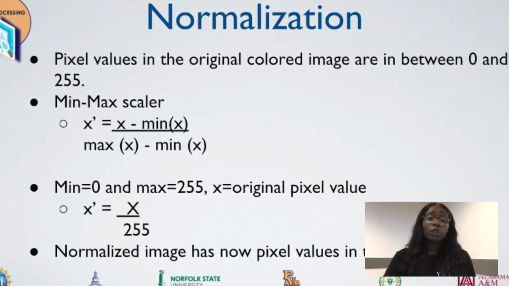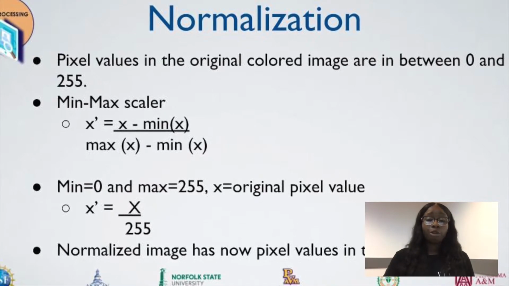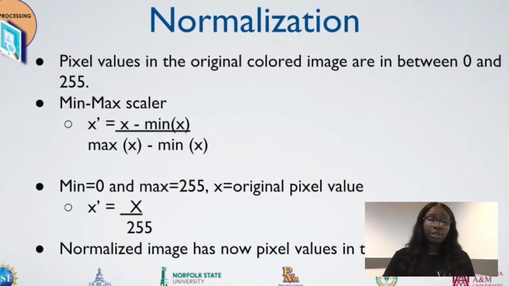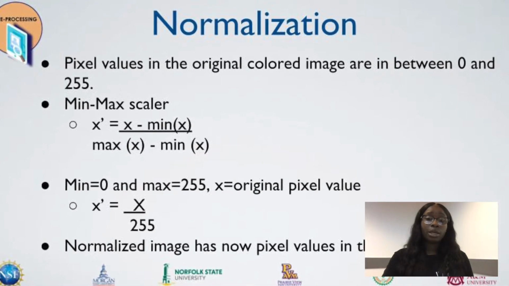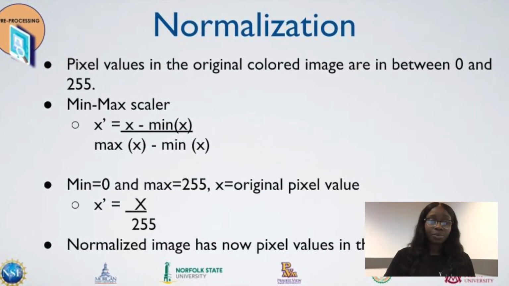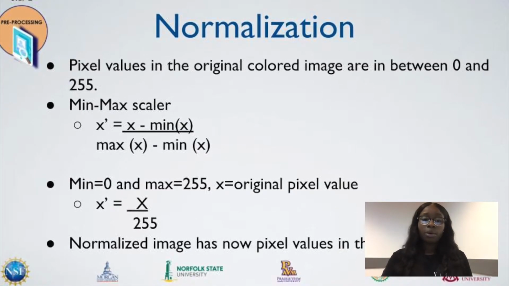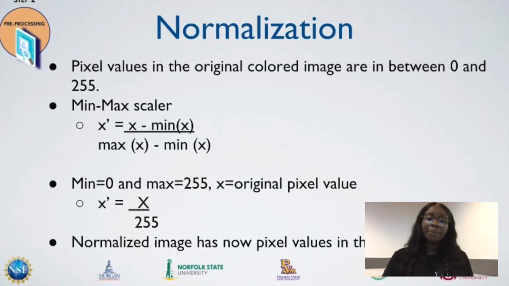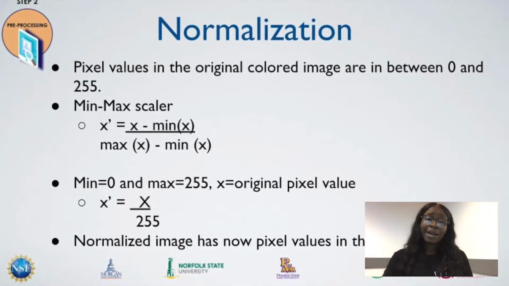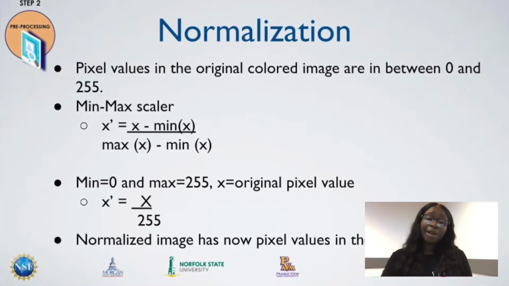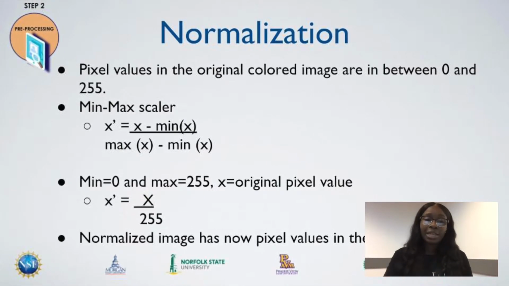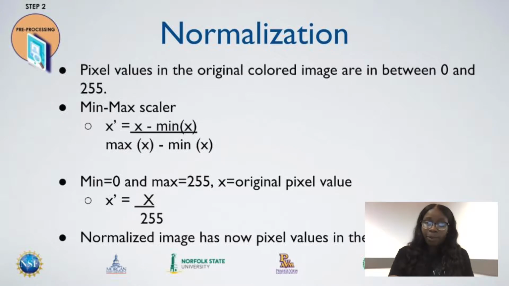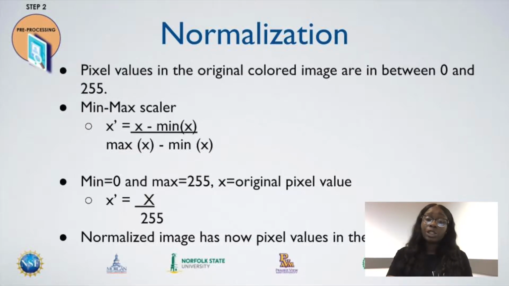X is the original image, and the minimum value, for reference to the following formula, is 0, and the maximum value is 255. Following this formula, x minus the minimum value of x, divided by the maximum value subtracted by the minimum value, will help normalize this image. This image has now been normalized to a range between 0 and 1.